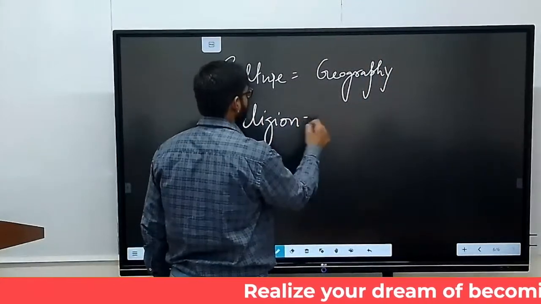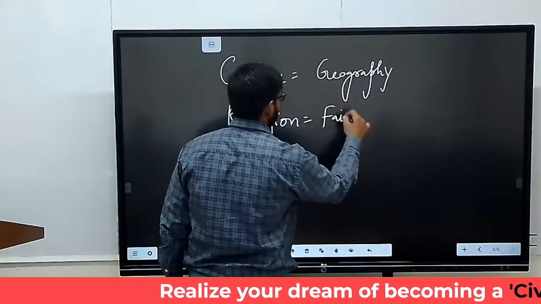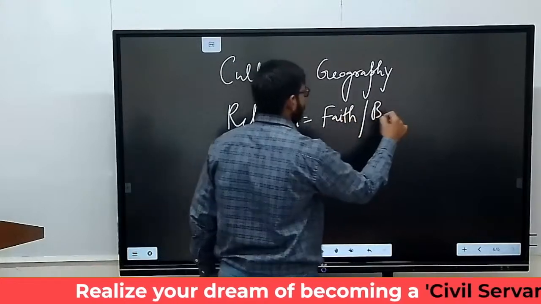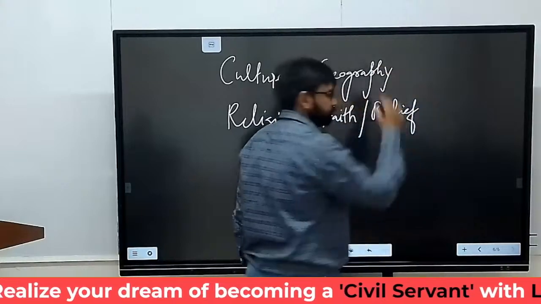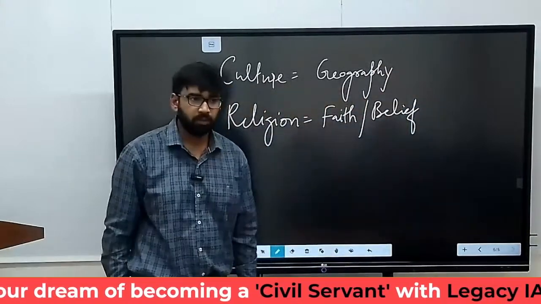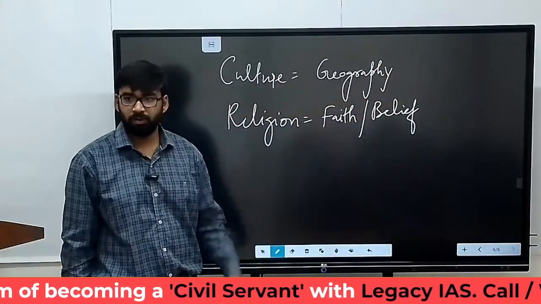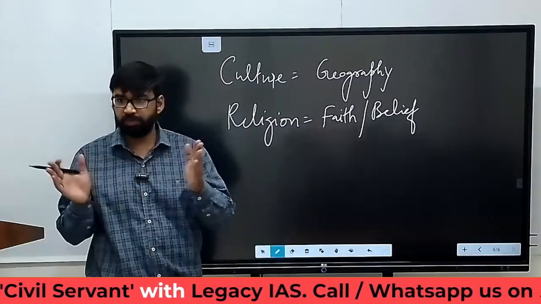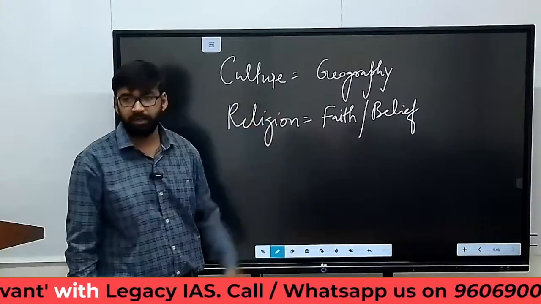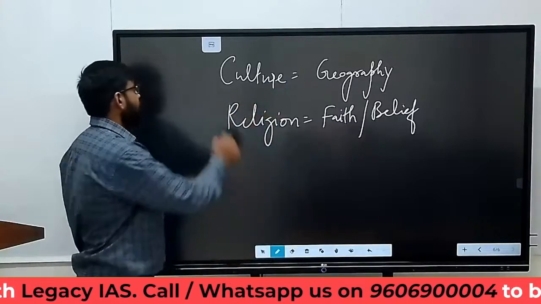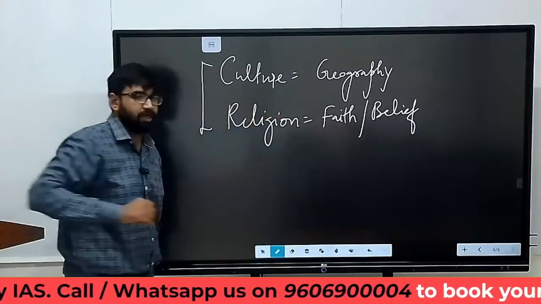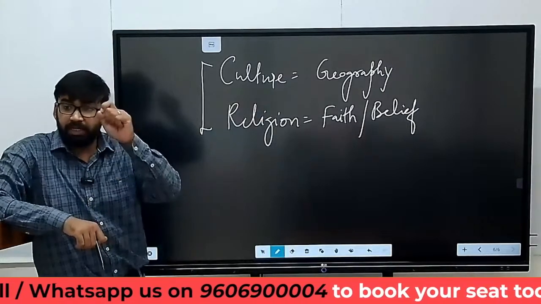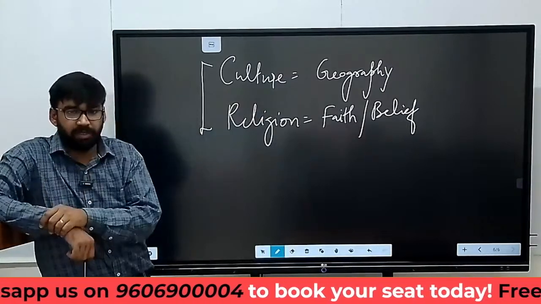Then what is religion? Religion is all about faith. It's all about belief. This is the difference between culture and religion. Now, why can we see that religious conflicts are there in society?